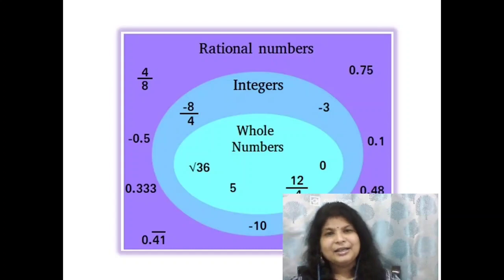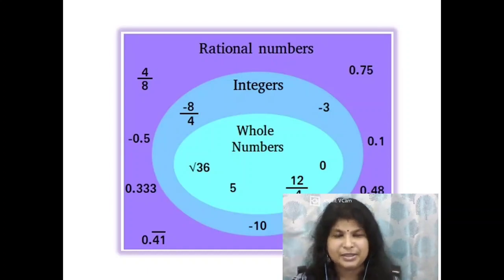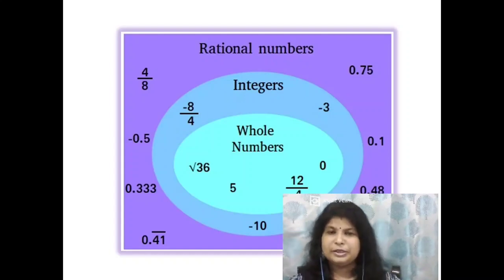And then we were introduced to a new set of numbers, that is rational numbers, which include all kinds of things: your whole numbers, natural numbers and integers are also rational numbers, and decimals or fractions are also rational numbers.